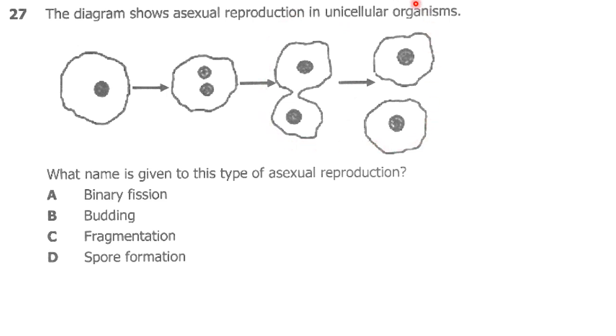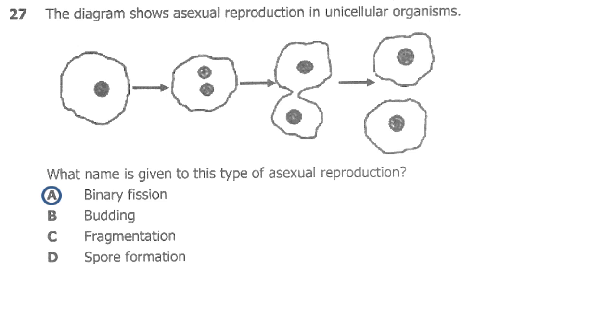So our answer would be A, binary fission, because they are equal and possess the same genetic information. So our answer is A for question number 27.